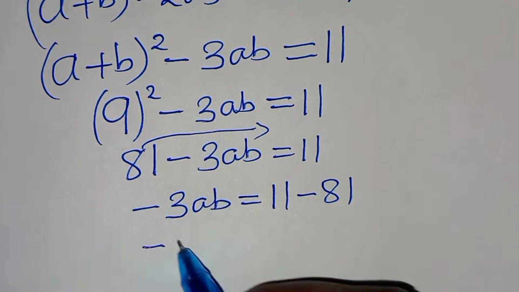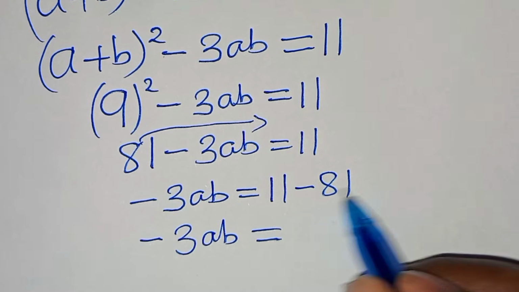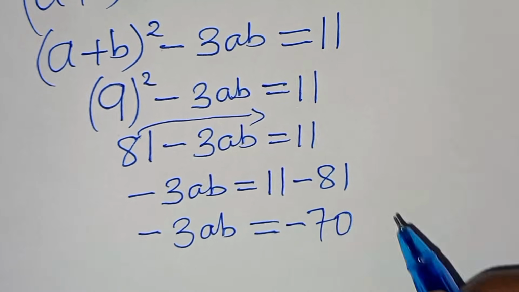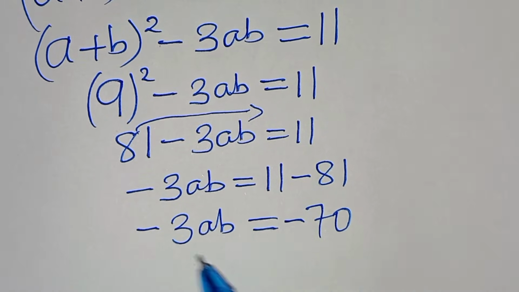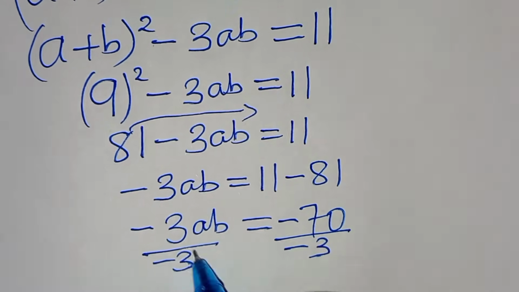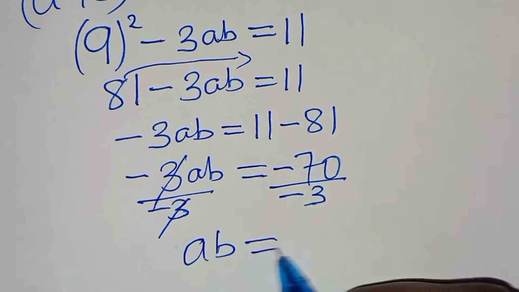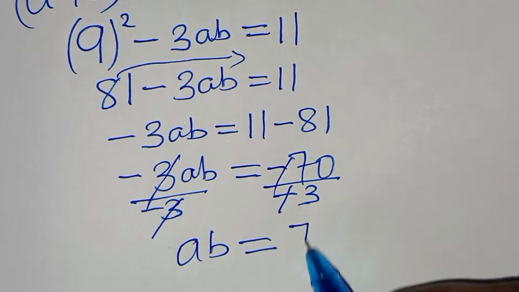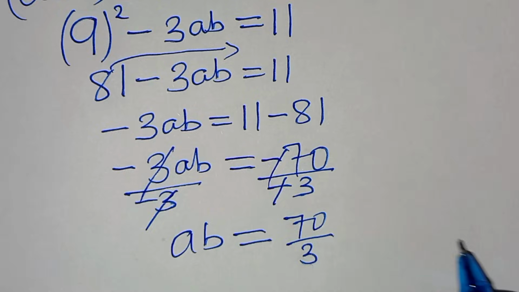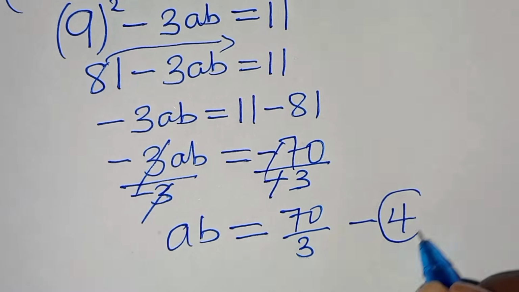So we have minus 3ab equal to 11 minus 81, which is minus 70. So let's divide both sides by minus 3. So that now we have that a times b is equal to 70 over 3. Let's call this equation 4.